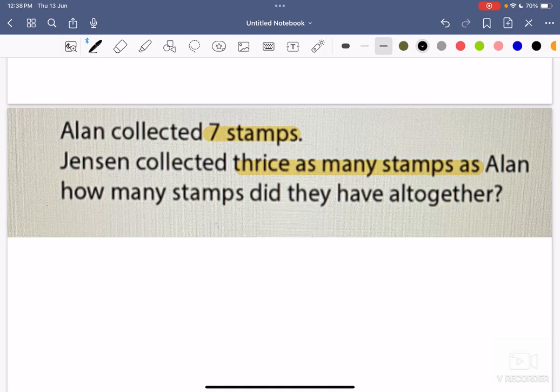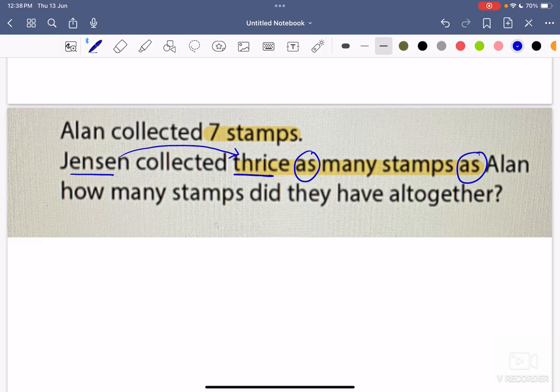Now this is an indicator that tells you that we are comparing. What are we comparing? The number of stamps Jensen has and the number of stamps Alan has. Since Jensen and the word thrice come first, these two are together.